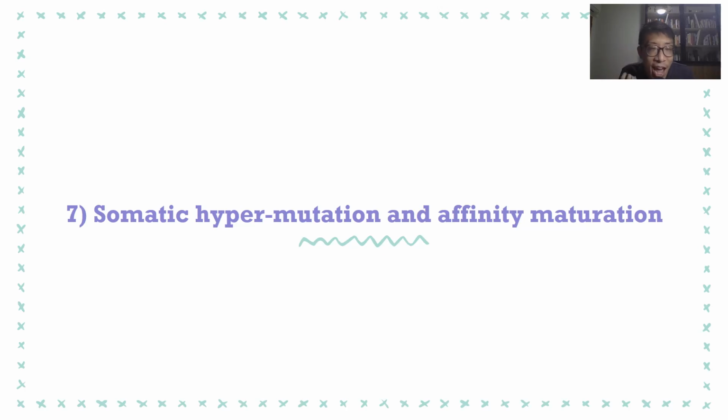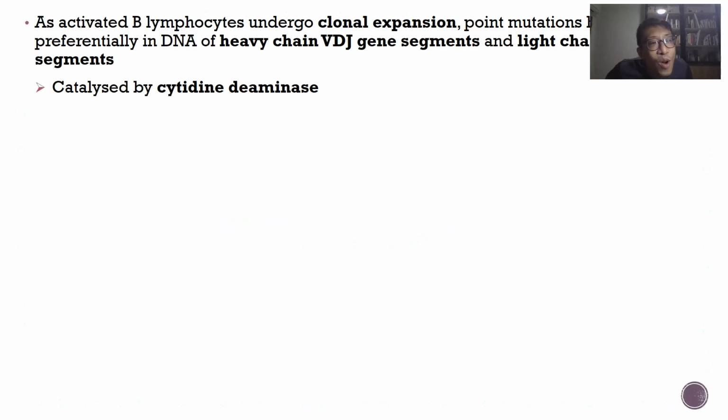It basically means a B cell can produce antibodies that are more and more precise and more specific to the antigen. All right, so the binding, the recognition of the antibodies to the antigen can be improved via this somatic hypermutation. Okay, so let's take a look at this.